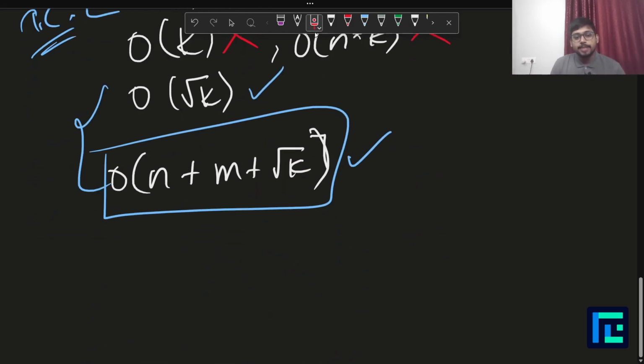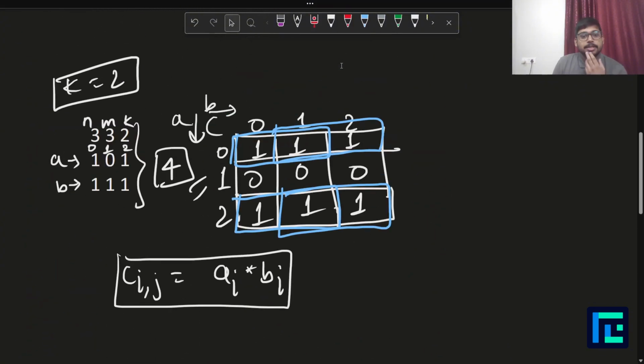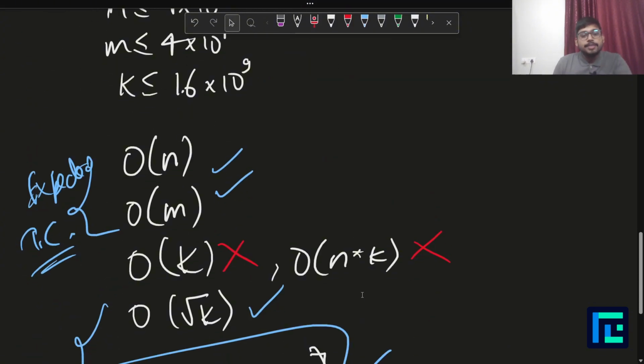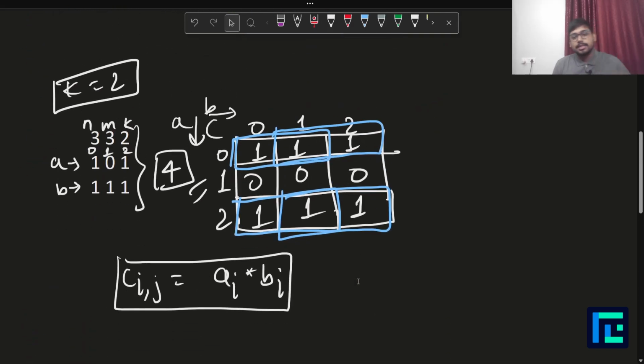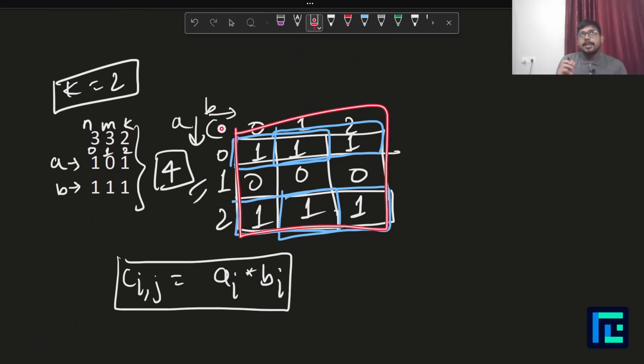Now keeping this in mind, how do we solve the problem? Let's think in this example. What we are given here, in this array C, is that we need to find some subrectangle which has all ones.